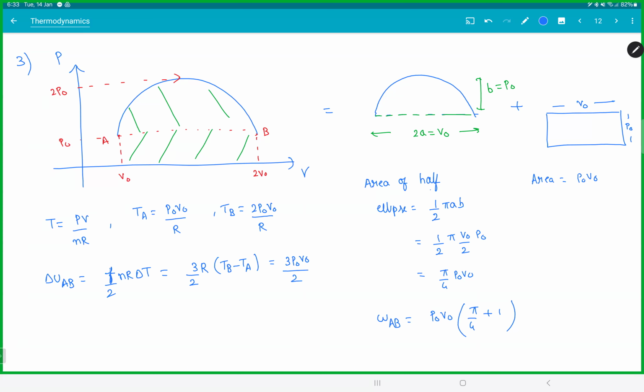There I got delta U also. Like I said, delta U is the easiest one to find. Just find the temperature at A, temperature at B, and finish it off. Remember, F is equal to 3 because it's a helium gas, monatomic.